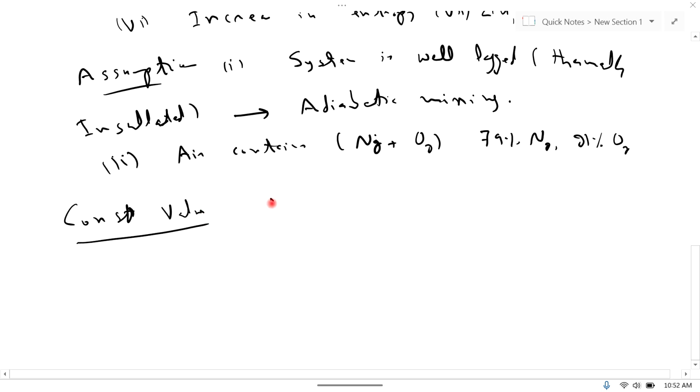So the R value, the ideal gas constant for oxygen, is 0.2598 kilojoule per kilogram per Kelvin.